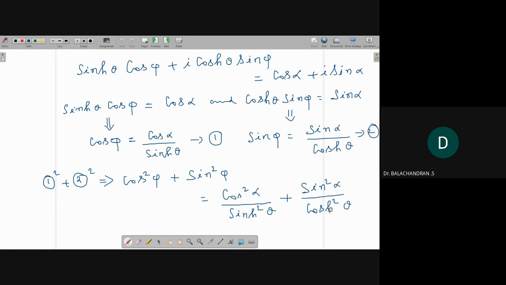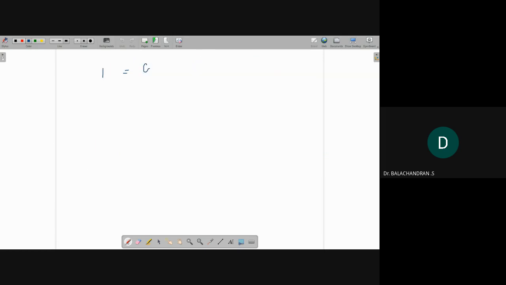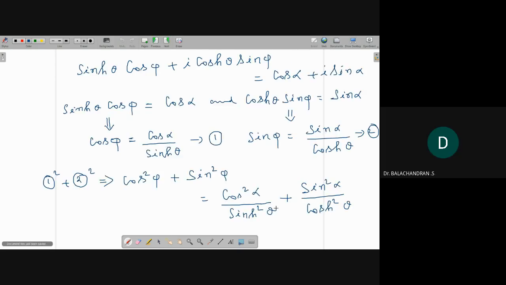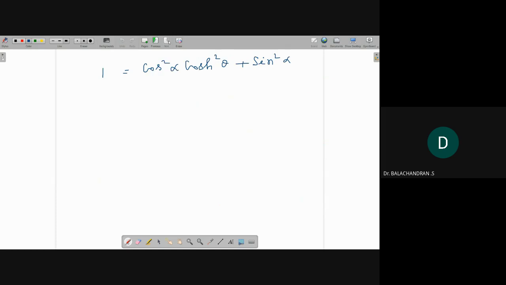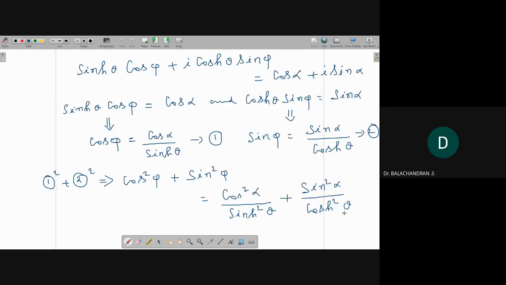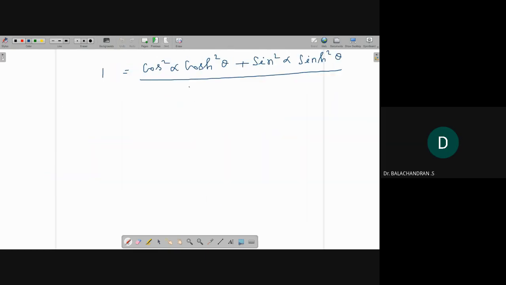Cos square alpha into cosh square theta, plus sin square alpha into sinh square theta, divided by sinh square theta into cosh square theta. Yes, correct.